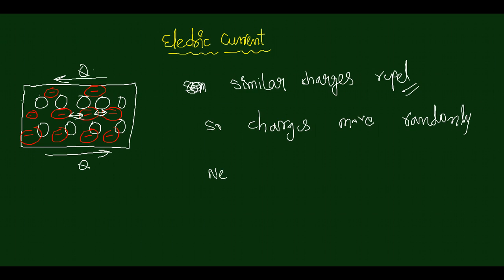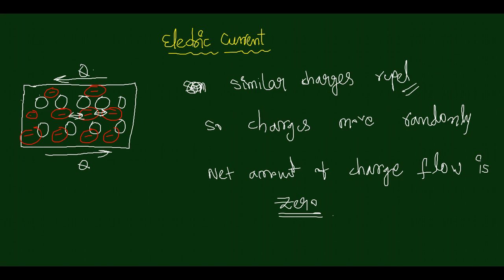So the net amount of charge flow will be 0. This is under no bias. No bias means under no external supply.